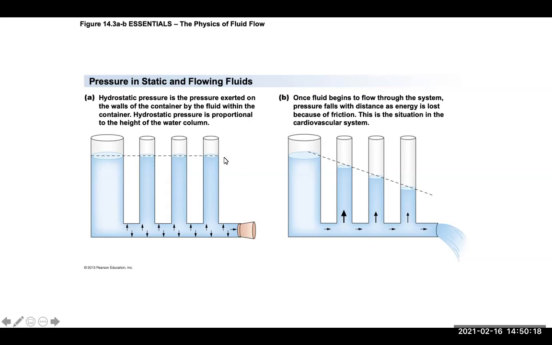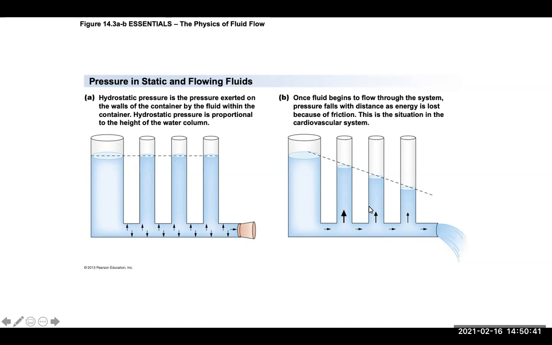Okay, so pressure of a fluid in motion decreases over distance. So what you see here is pressure in a fluid is the force exerted by the fluid on its container. So in this particular example, you've got hydrostatic pressure on the walls of the container from the fluid inside of the container. Now the hydrostatic pressure in this particular case is going to be proportional to the height of the water column.